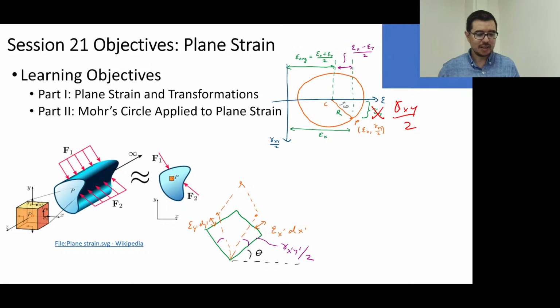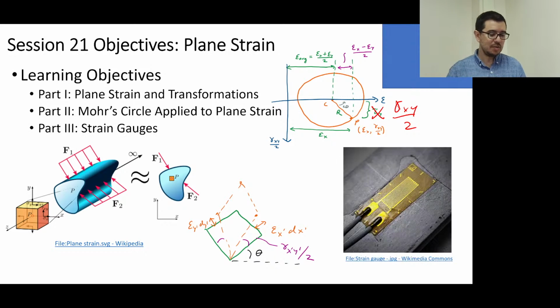We're going to make a case for using Mohr's circle again and discuss how this relates to planar stress and planar strains. And we'll also talk a little bit about the utility of using these transformations for making measurements.